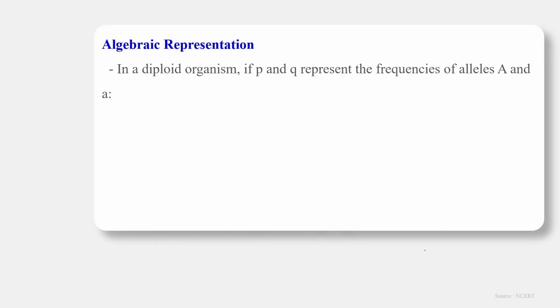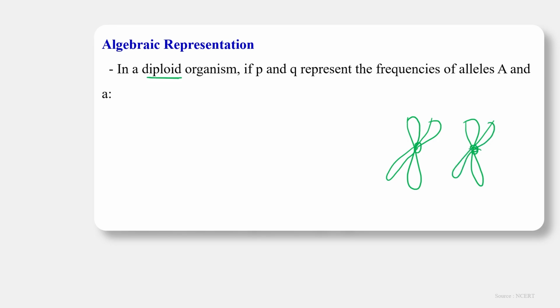Okay. So in algebraic representation, if we discuss a diploid individual, this is one chromosome and this is another chromosome.